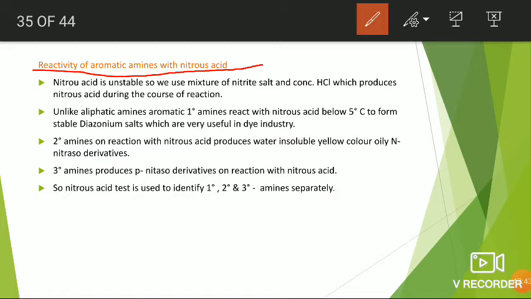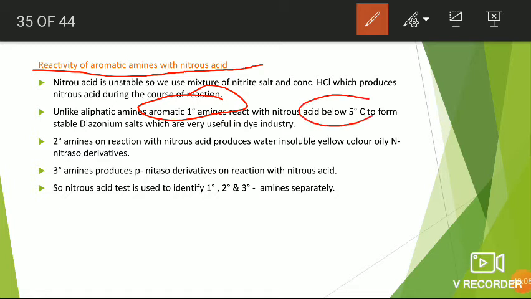In the case of aromatic amines, the aromatic primary amines also undergo reaction with nitrous acid, as in the case of aliphatic primary amines, to form diazonium salts. Generally, the reaction is carried out below 5 degrees centigrade, under ice cold temperature.